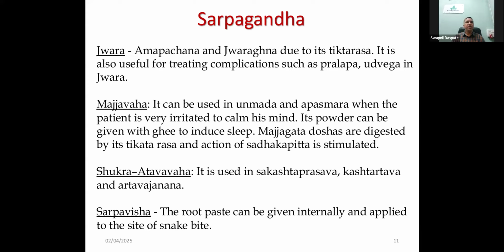It is also useful in treating complications such as pralapa, udvega in Jwara. Udvega is basically excitement or, how do we say, it is a psychological symptom.